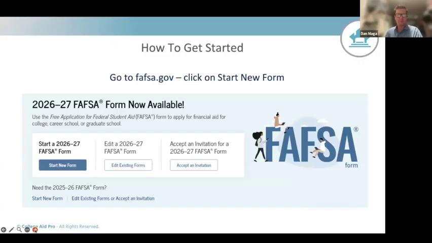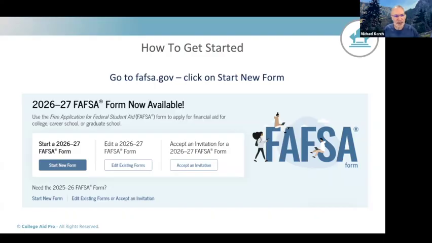All right, how to get started. We kind of covered that. When you go to the FAFSA page, here are the 3 primary choices you have. You will either start the 2026-2027 form, and that might sound a little weird. We're in 2025. This is the form for the following academic year. The current academic year is underway.